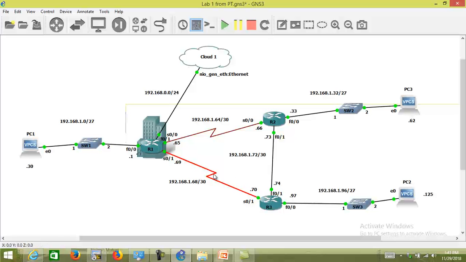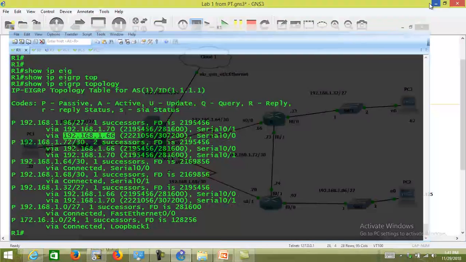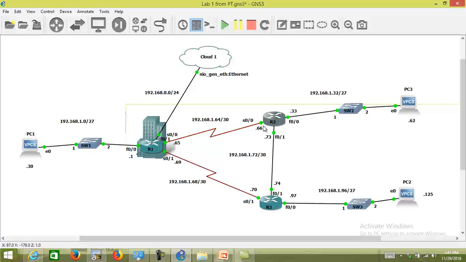Router 1 is saying that the best path for me to reach this network is through router 3, and this is the feasible distance. I talked about the reported distance. This one here is the feasible successor, because router 1 is saying that I know I can reach that network also through .66, and .66 you can obviously see is router 2.